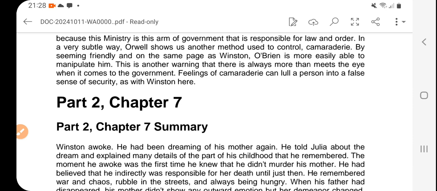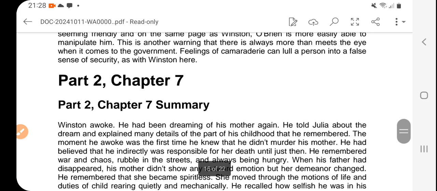This is another warning that there is always more than meets the eye when it comes to government. Feelings of camaraderie can lull a person into a false sense of security, as with Winston here.